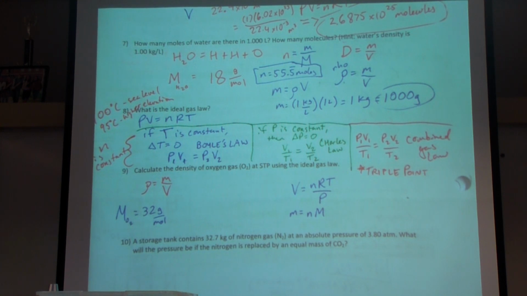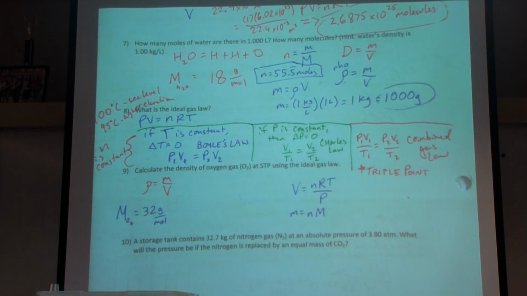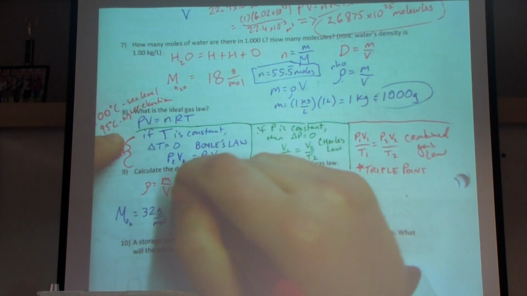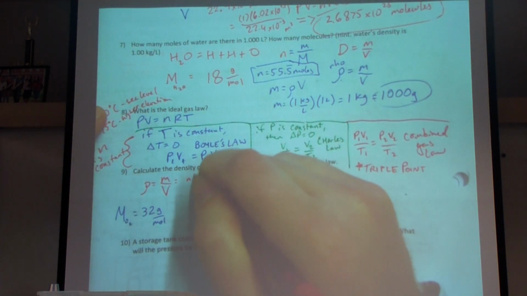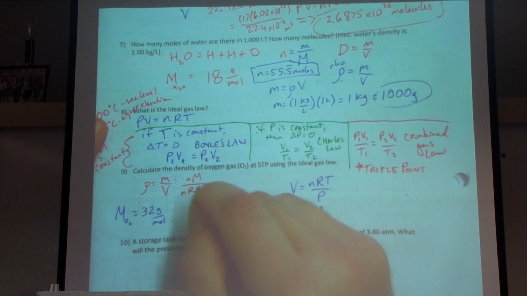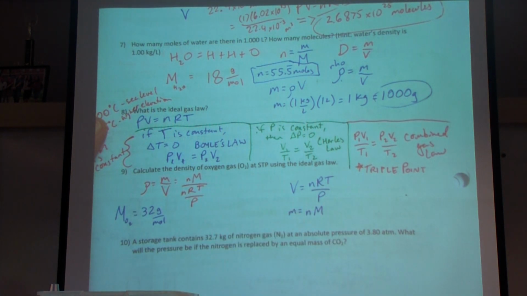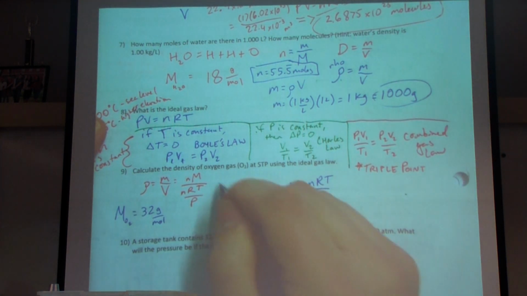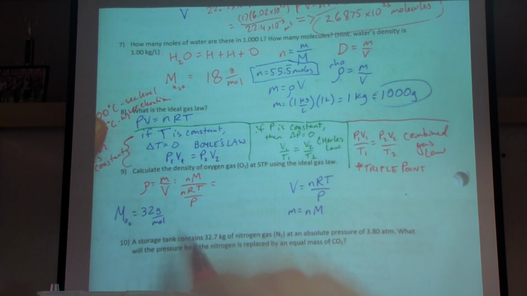All right, so let's solve this problem. Density is mass divided by volume. Little m is number of moles times molar mass. Divide that by volume. Volume is nRT divided by pressure. Hopefully you're good at dealing with fractions within fractions.